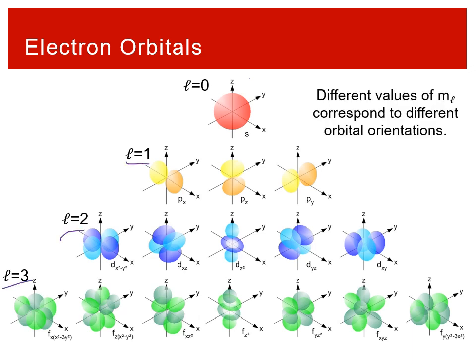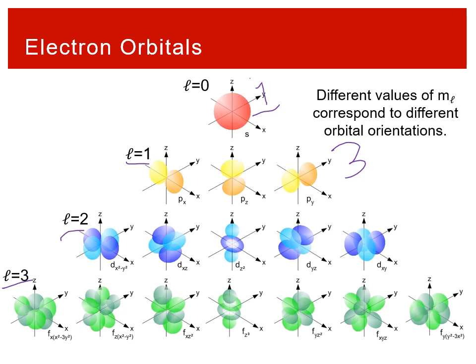And one of the things we can see is that they all have similar shapes within a row, and then the different values of M sub L, which are the different orbitals, have different orientations. So you only have one orientation for the sphere. You have 3 orientations for the dumbbell: up, down, left, right, and front, back. Those are the possible orientations.